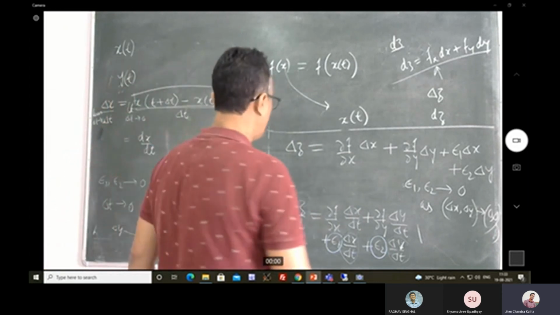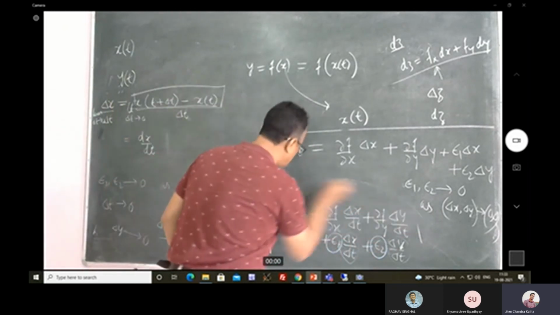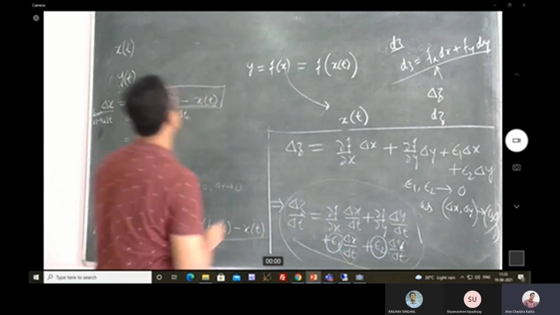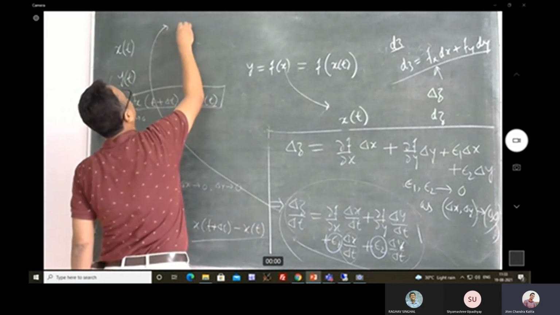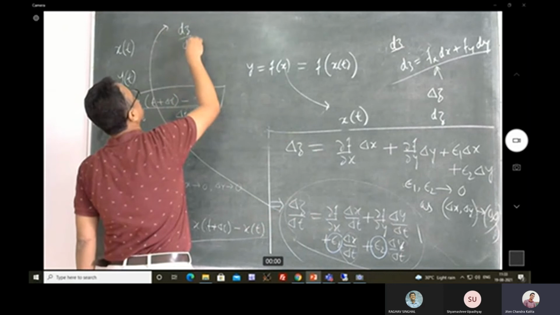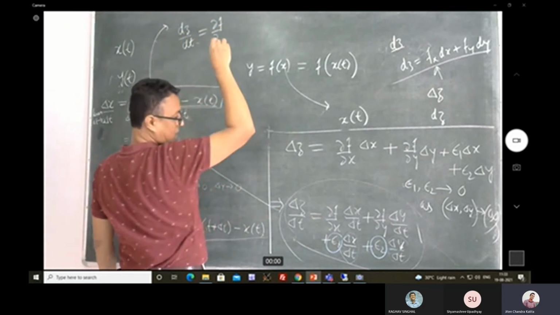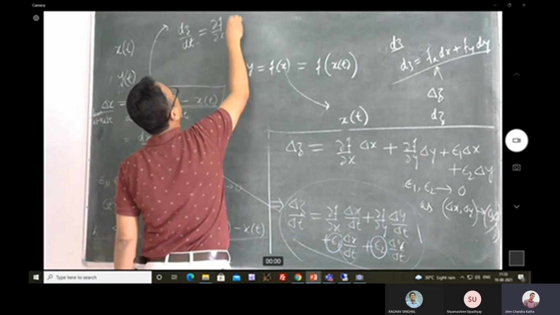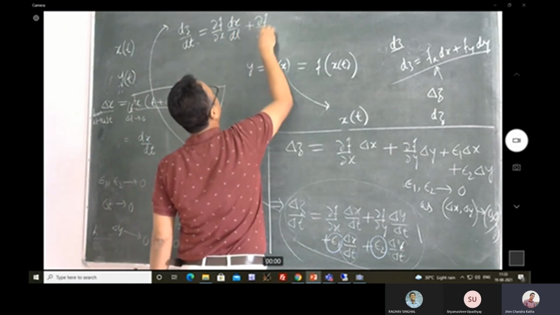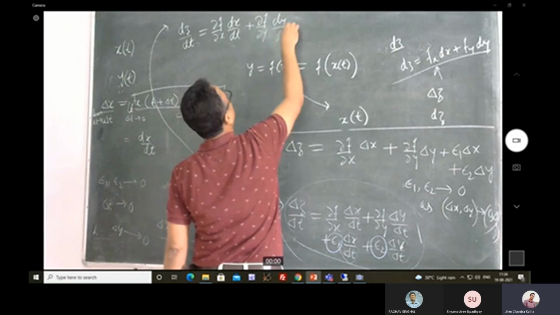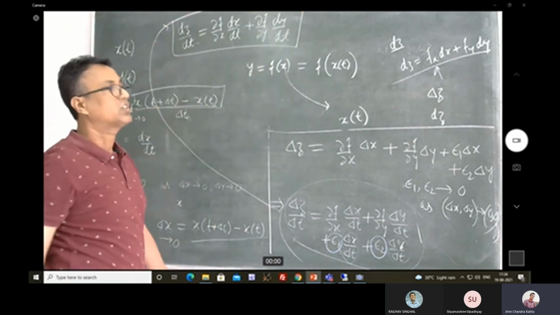So if we take the limit as delta t tends to 0 from this expression, eventually what we are going to get is dz/dt equal to del f/del x times dx/dt plus del f/del y times dy/dt. And this is nothing but the chain rule.